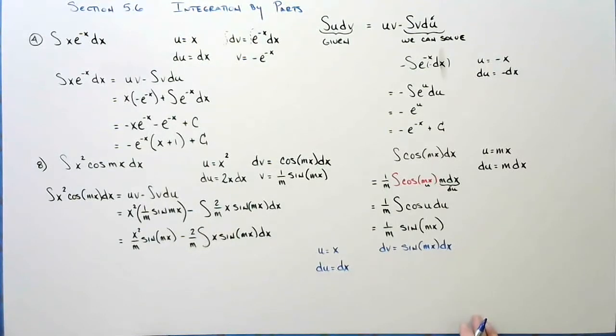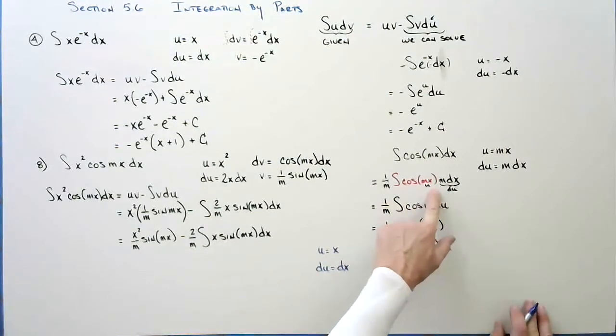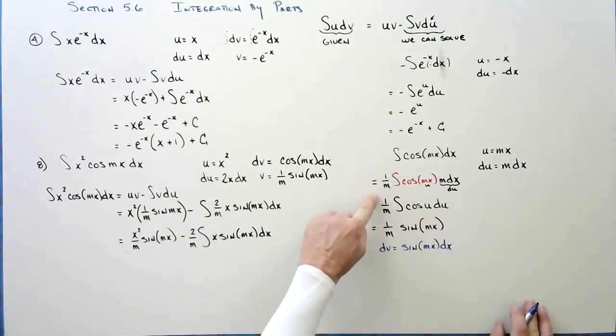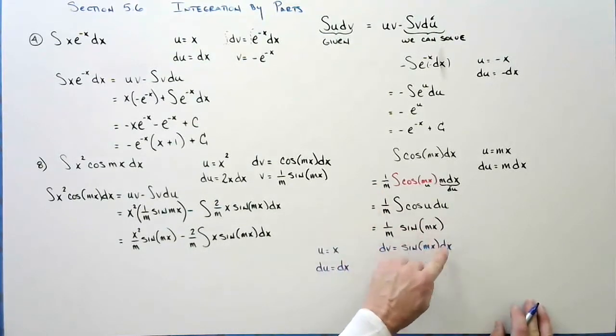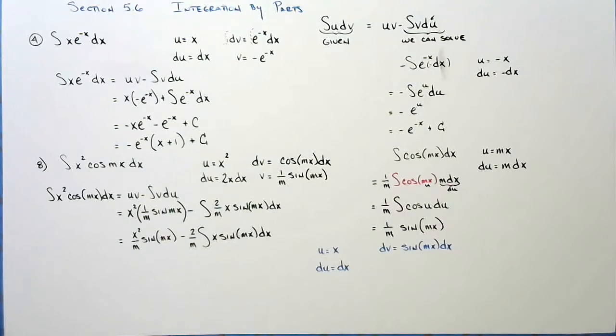Here, right, we need to integrate sine mx dx. Well, we integrated cosine mx dx, and we got 1 over m sine mx. So this is exactly the same structurally as the integral of cosine mx. It's just sine mx. So it's, I hope, clear that that's going to turn out to be 1 over m.